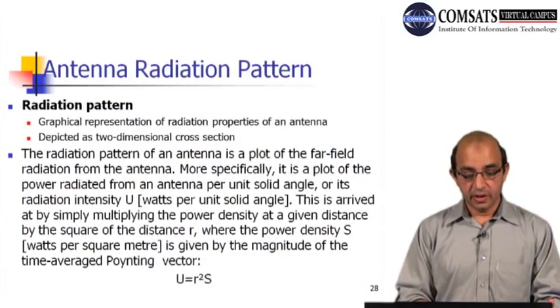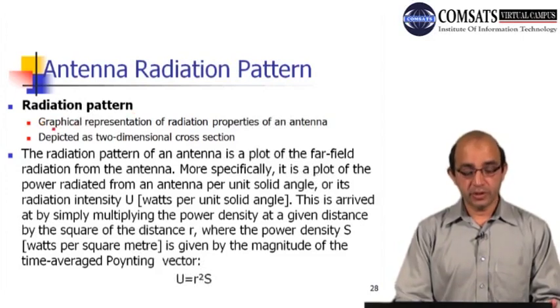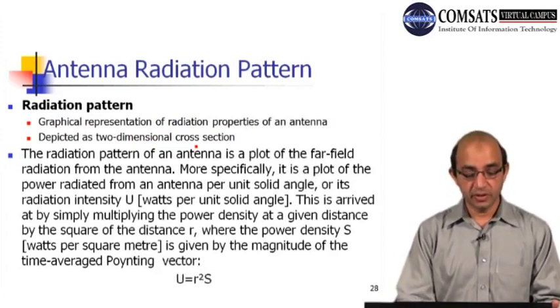radiation pattern. So here we will be talking about radiation pattern in more detail: a graphical representation of the radiation properties of an antenna. We normally have two dimensional radiation patterns, right?